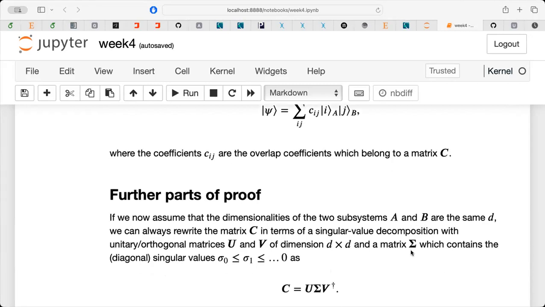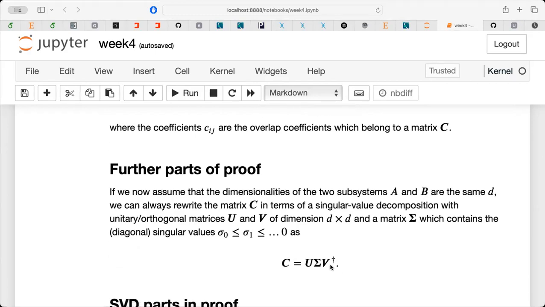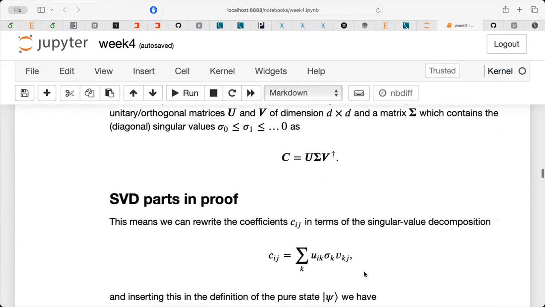Sigma here contains the so-called singular values, and there are different ways of organizing them. You can organize them in an ascending way, starting with the lowest one and keep increasing, or you start with the highest one and keep decreasing. That means that we are going to write this matrix as a singular value decomposed matrix, the SVD.